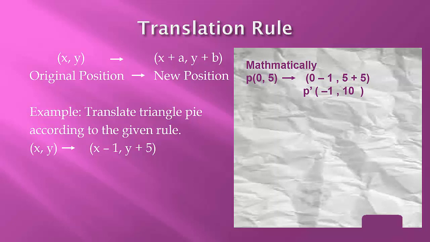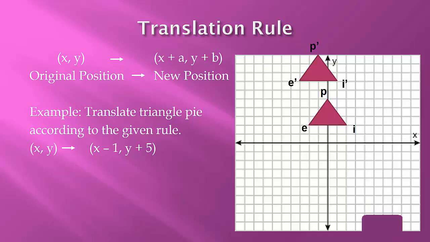And when I plug 5 in for y, I end up with 5 + 5 = 10. So the ordered pair for P prime becomes (-1, 10). I'm going to flip back to our graph for just a minute so that we can look at that. Our P prime is at -1, and if we counted all the way up the y-axis there, we would end up at 10 for the tip of our triangle.